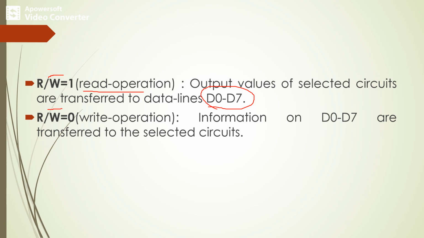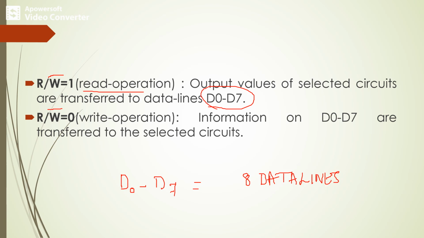The information from the data lines D0 to D7, that is 8 data lines, is written into the selected cells. So read/write-bar equal to 0 means write operation.